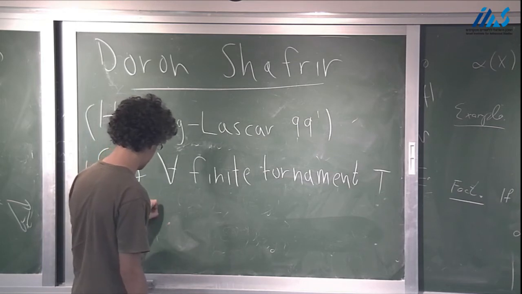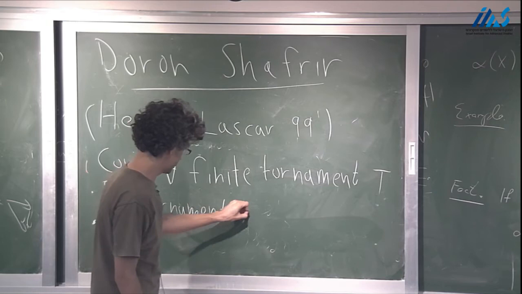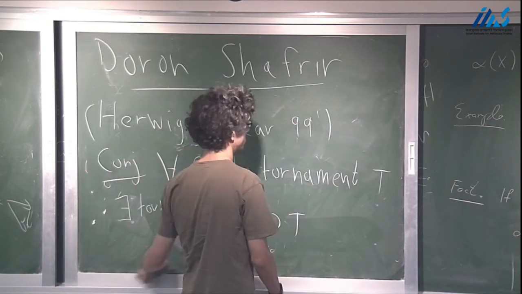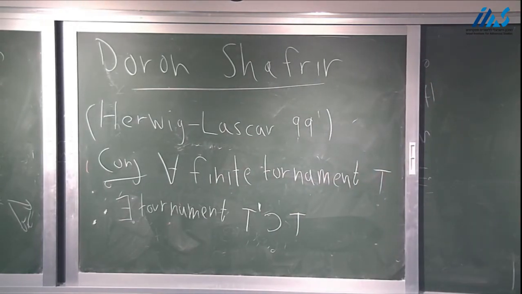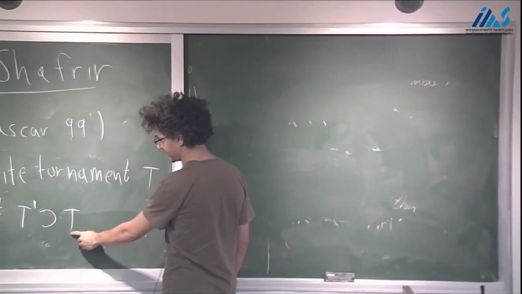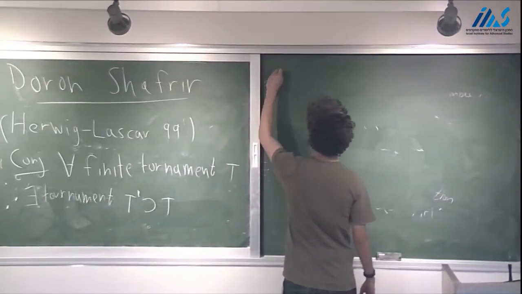So there exists a tournament T' which has the property that every partial automorphism of T extends to a full automorphism of T'.